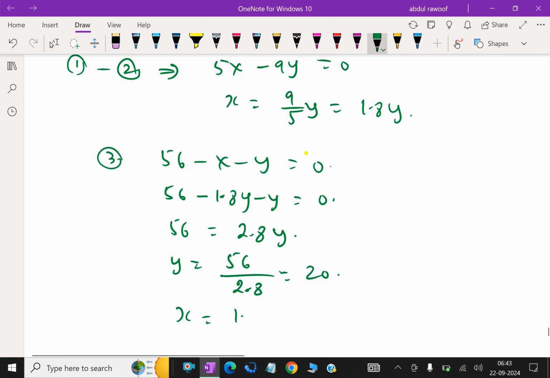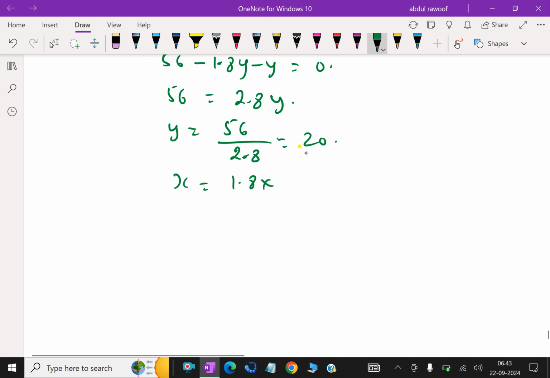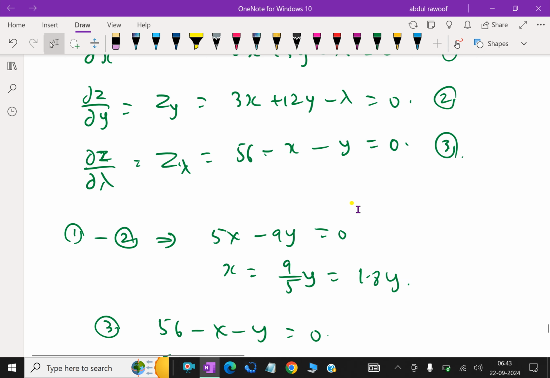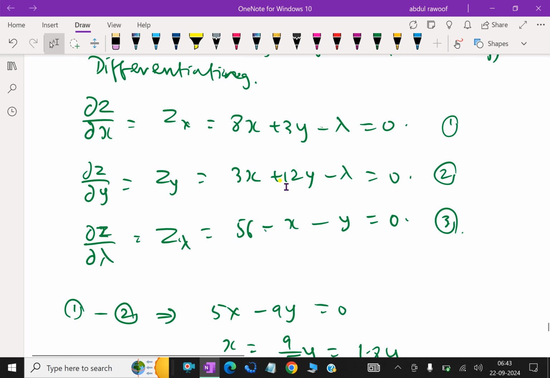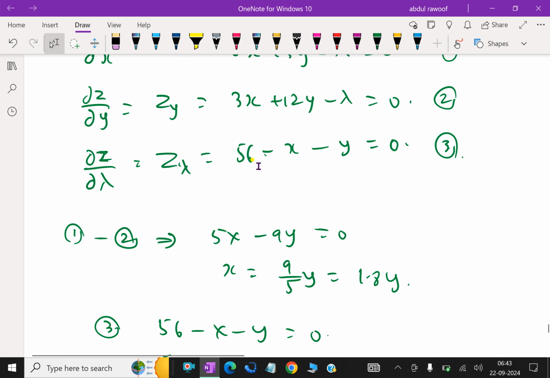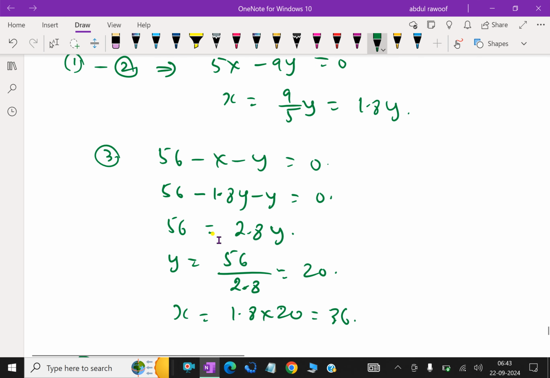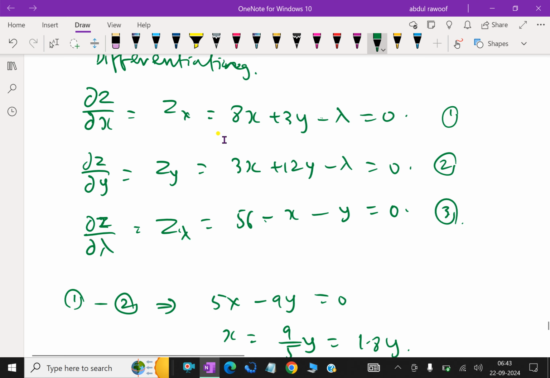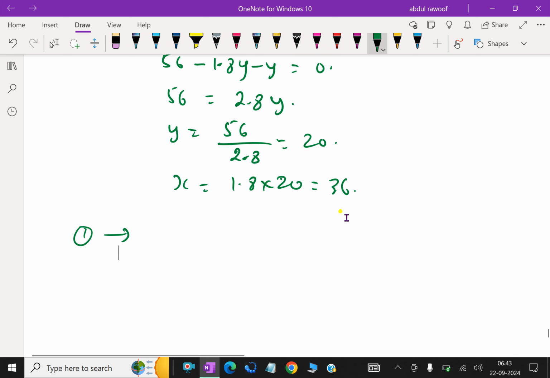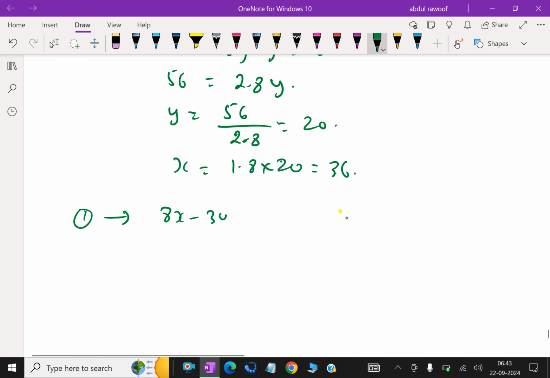Y is 20, therefore x equals 1.8 into y, which is 36. Therefore we got x is 36, y is 20. Substituting in any one equation, take equation 1: 8x plus 3y minus lambda equal to 0.